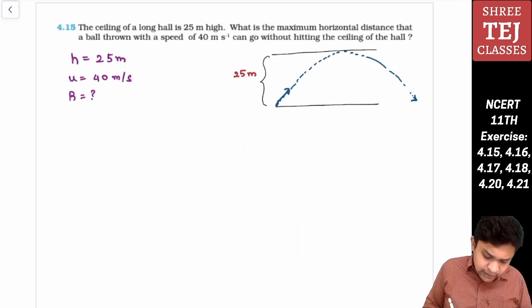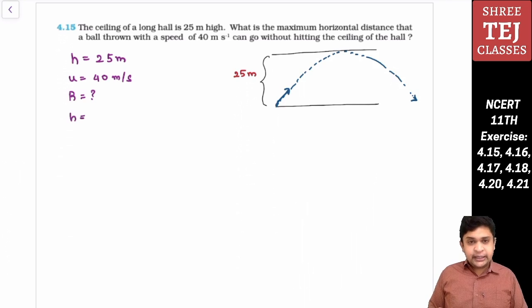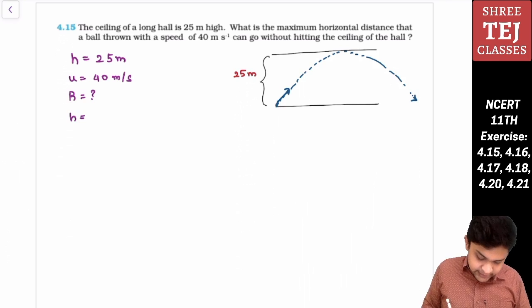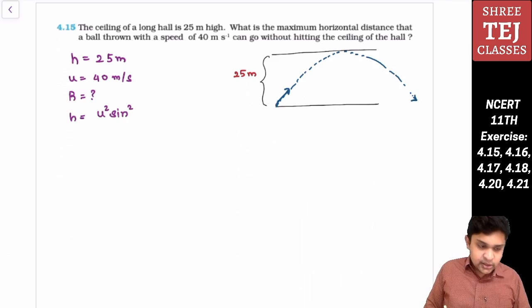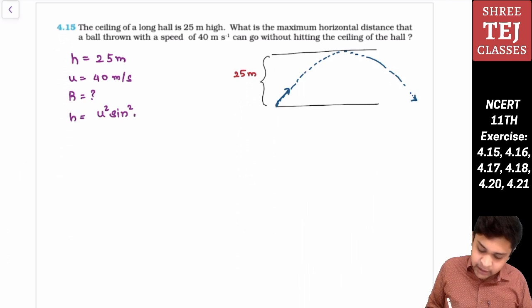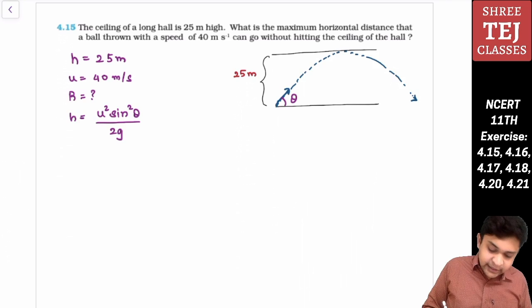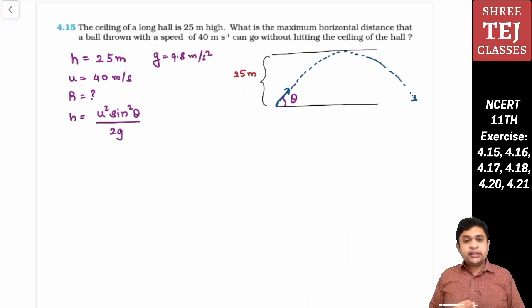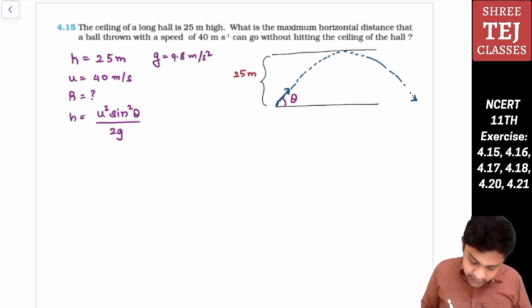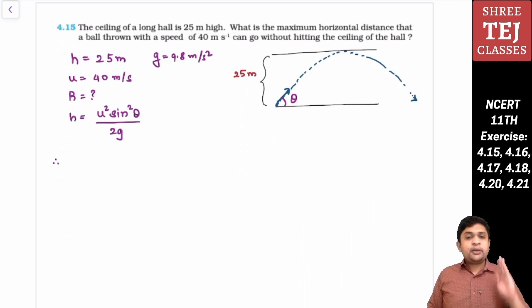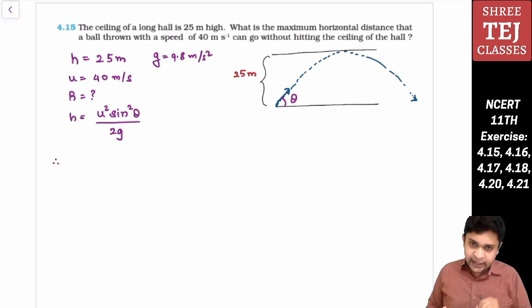Now we know the max height reached by a projectile is given by u square sine square theta by 2g, where theta is the angle of projectile and g is 9.8 meter per second square, acceleration due to gravity. Therefore, substituting the values, we want maximum height reached by the projectile to be 25 meter.